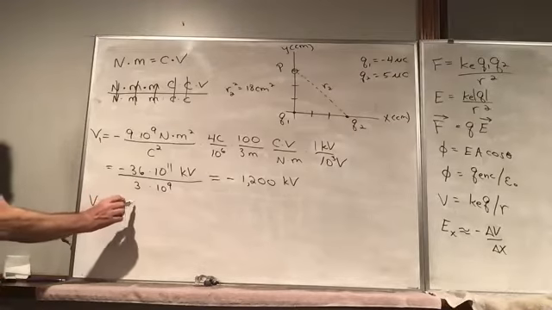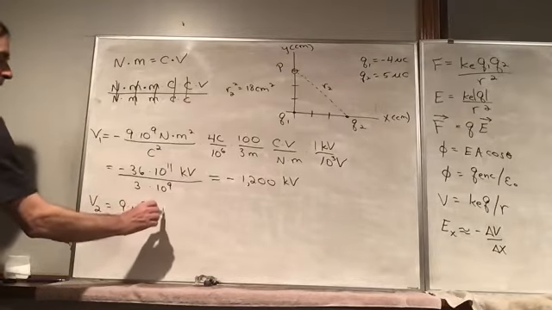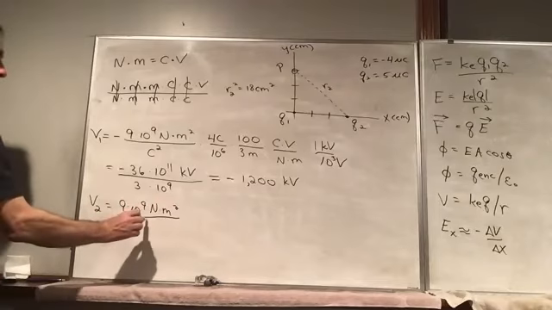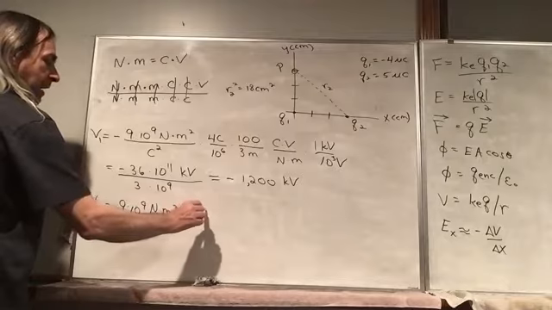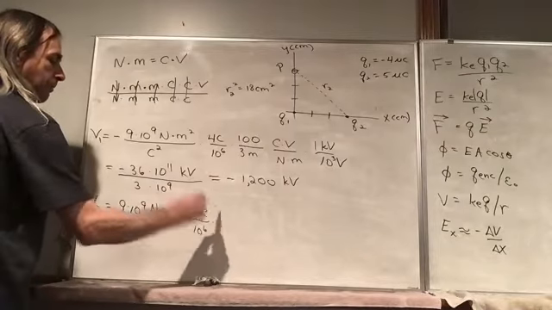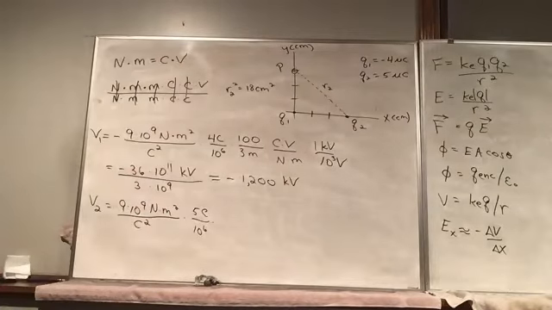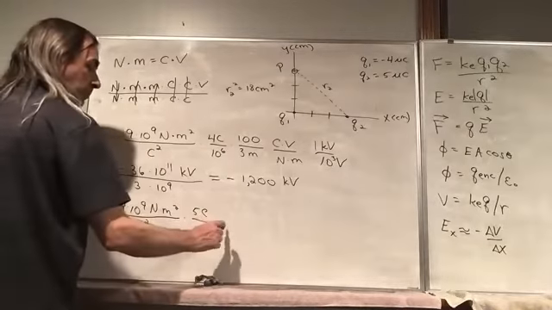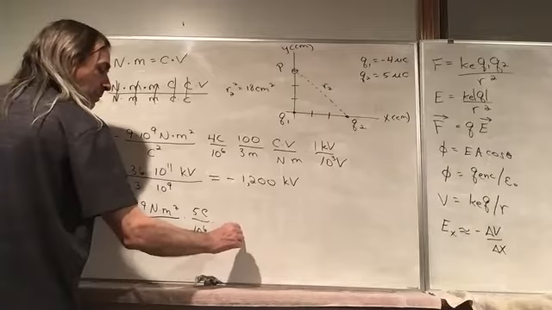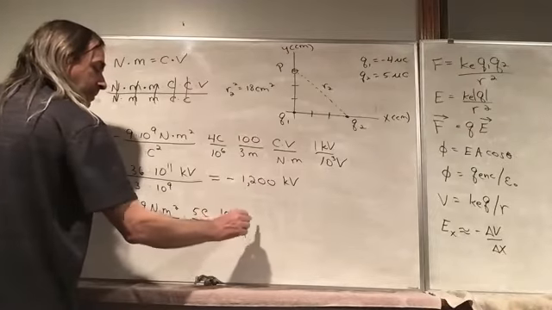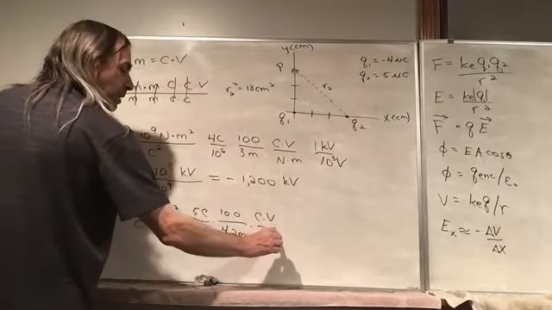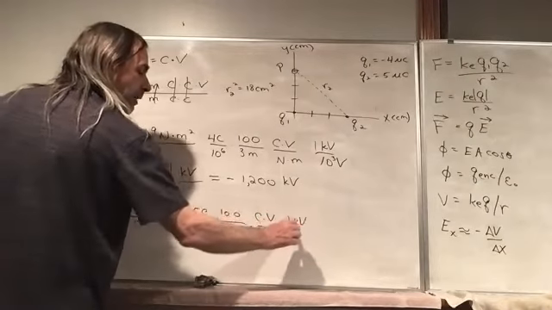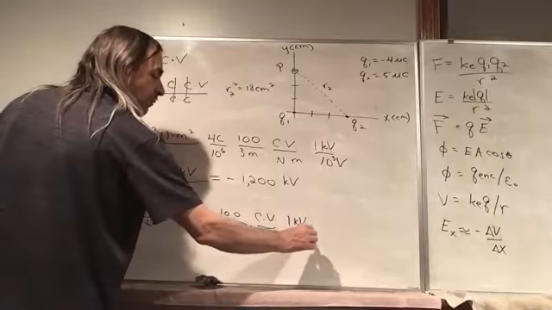So for V2, we'll just copy this one with the right numbers. Here we have 5 microcoulombs. And now the distance is 4.2 centimeters. So we can put 100 on top, and then coulomb volt over a newton meter. And a kilovolt is 10 to the 3rd power volts.